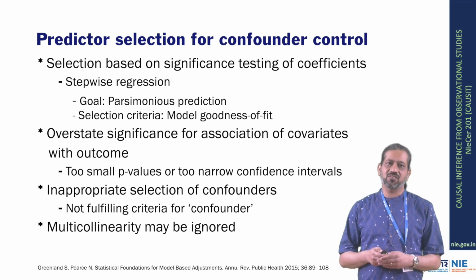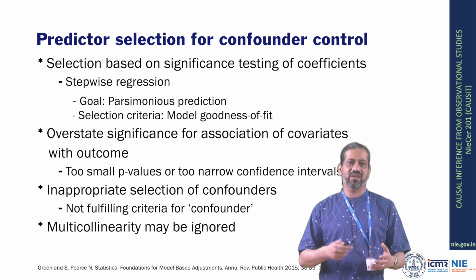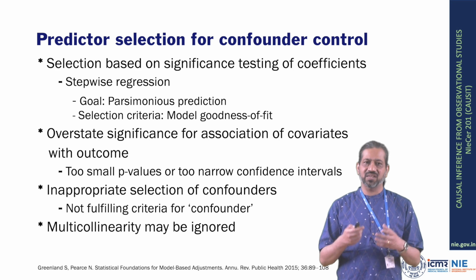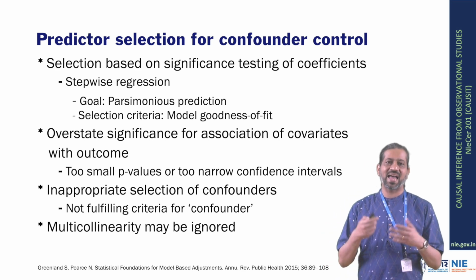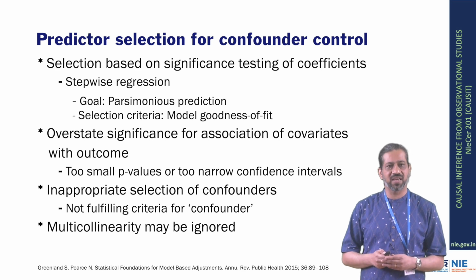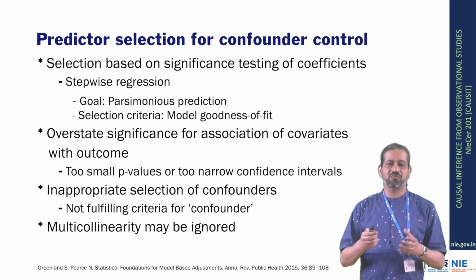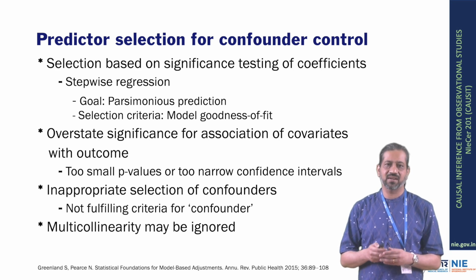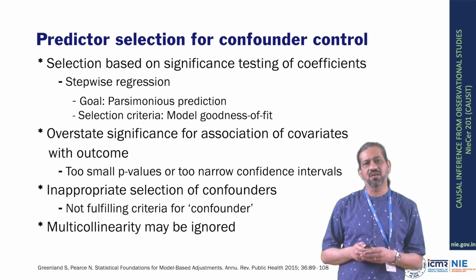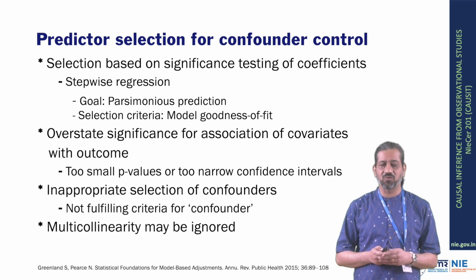Usually, it is seen that use of this strategy leads to an overstatement of the significance of association of the covariate with the outcome, wherein we get very small p-values or narrow confidence intervals than what the actual true association may have been. Again, the set of variables or covariates that are selected for control of confounders as potential confounders may not essentially fulfill the criteria for being a confounder.